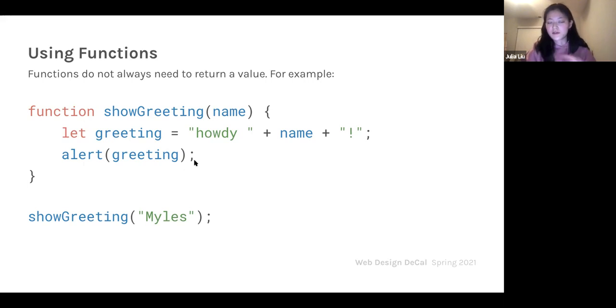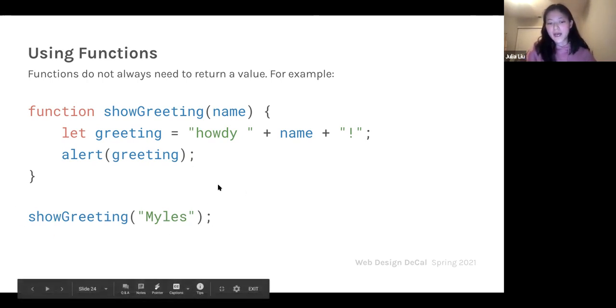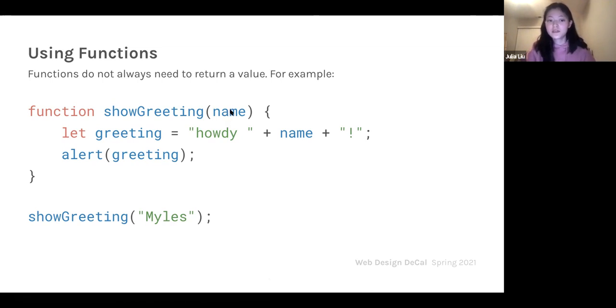If you recall, this shows a pop-up in your browser that says "Howdy Miles." This is because when we call the function below, we pass in the string "Miles" as the name parameter, and it concatenates it and gives us the value of greeting, which is "Howdy Miles." So here's an example of a function that doesn't return anything, but it still has some visible output.